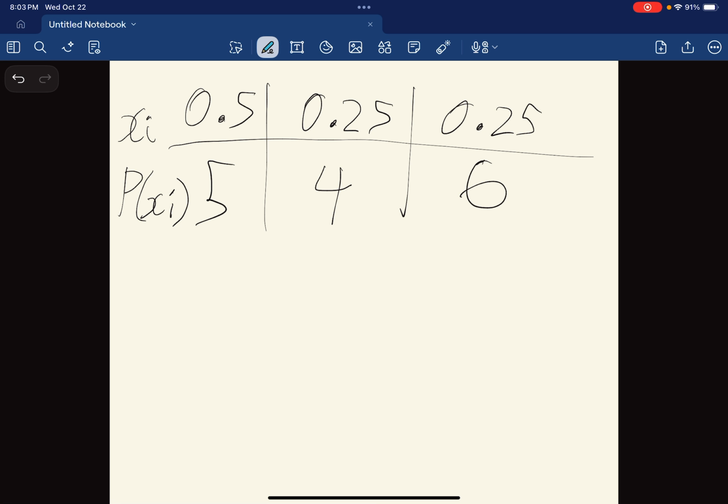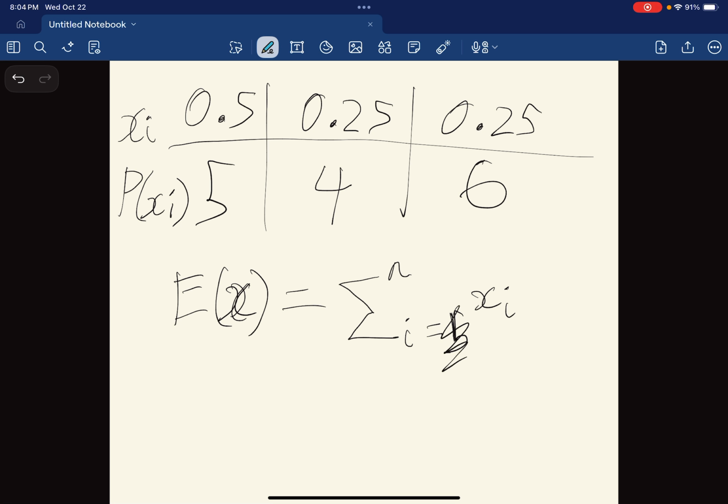The keyword you have to look for here is expected value. When you see that, you have to use the formula E of x equals the sum from i equals 1 to n of x sub i times p of x sub i.